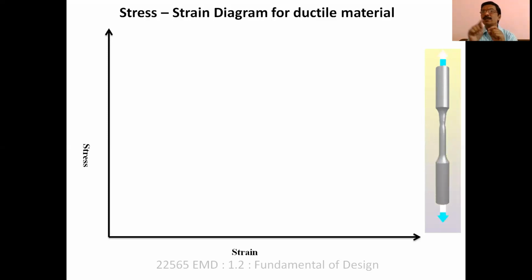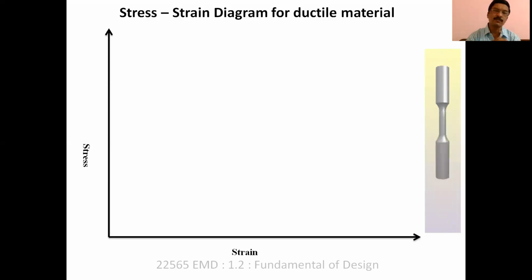Strain is equal to delta L by L, and L is constant, so strain is delta L. So it is the behavior of the material which depends upon the force applied, which causes stress, and elongation, which causes strain. Wherever there is a change in the force, there is a change in the strain.